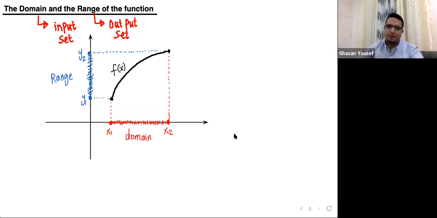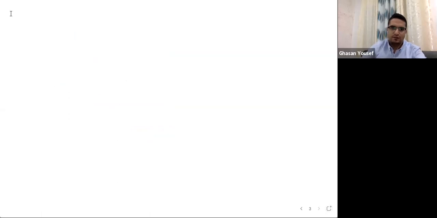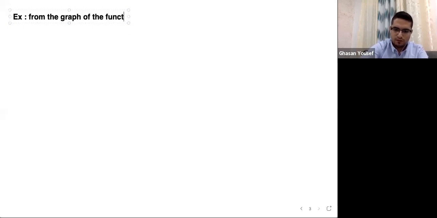So let me give you an example to show you how we can find the domain and the range. Example: from the graph of the function below, find the domain and the range of the function.